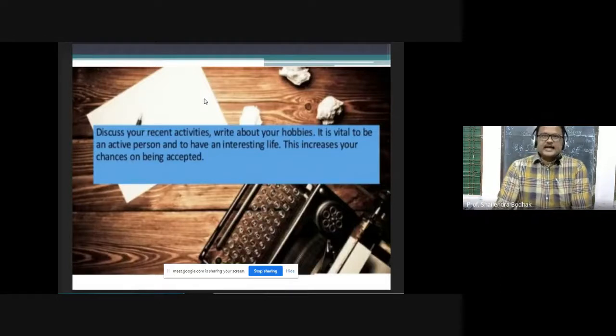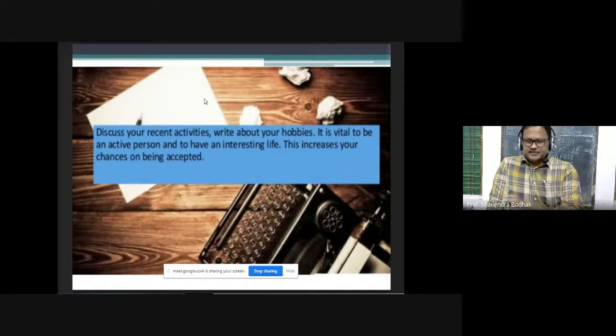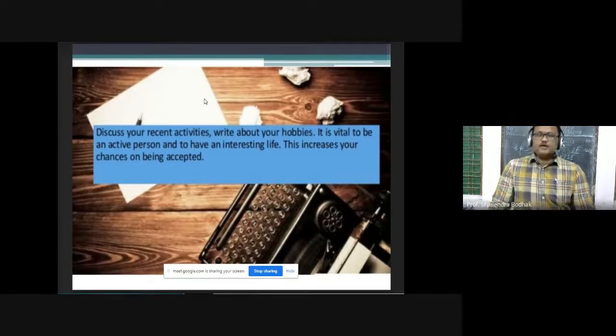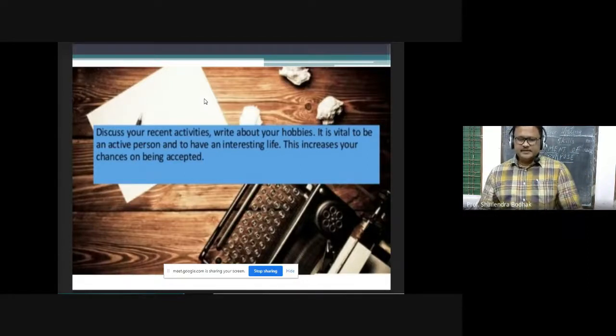Discuss your recent activities. If you are engaged in activities related to that particular field, particular subject, then you have to mention those activities also. Write your hobbies also. Here you don't make a list of hobbies. That will put those academic people into confusion.